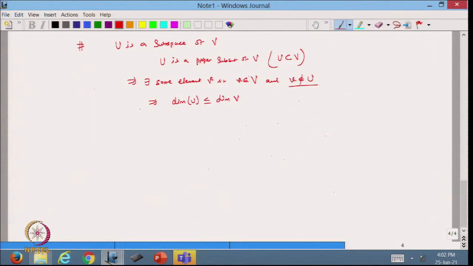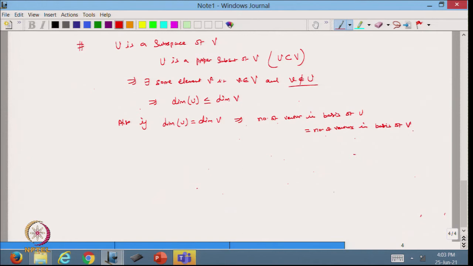It means that the basis of U cannot span the entire V. So, that implies the dimension of U is less than or equal to the dimension of V. Also, if the dimension of U is equal to the dimension of V, which implies that the number of vectors in the basis of U is equal to the number of vectors in the basis of V.